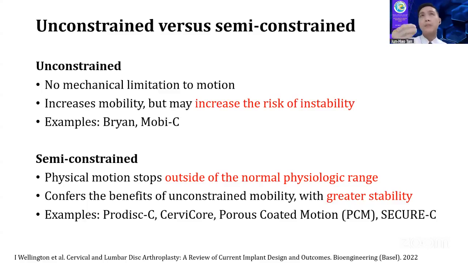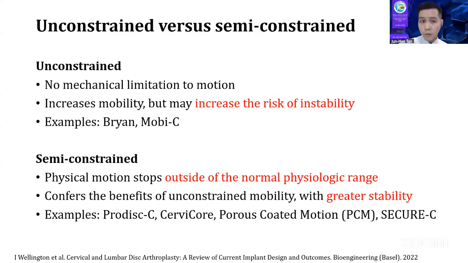But that is because of the patient's inherent tightness, be it the muscles, the ligaments, as well as the facet capsule. But by itself, the disc arthroplasty does not have a mechanical limit to excessive motion. What is the benefit of that? Of course, it increases mobility, but it may increase the risk of instability. Some examples in the current market are the Bryan as well as the Mobi-C.